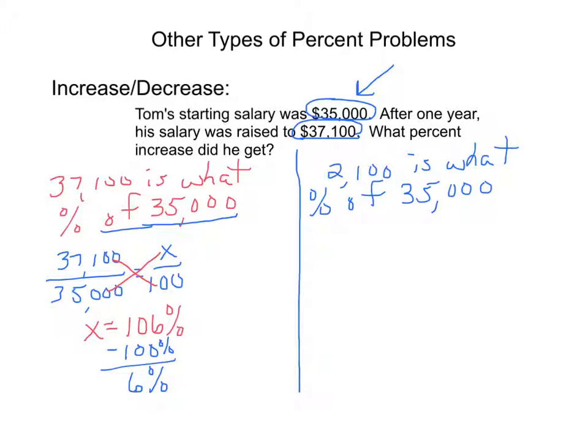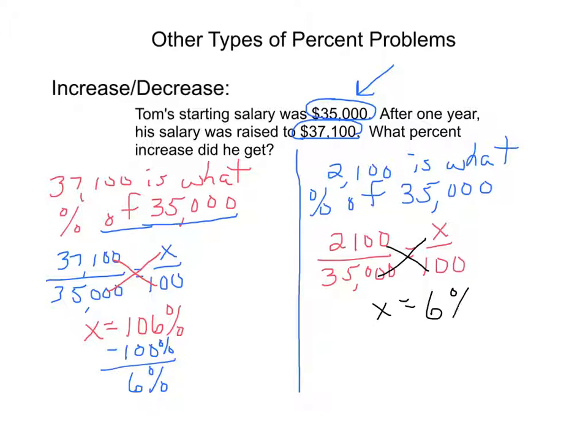Now, if I set this up, 2,100 is my is, my of is still 35,000. My percent is what I don't know, so it's x over 100. And now, if I do that math, I'm going to get x is equal to 6%, which is the actual answer.